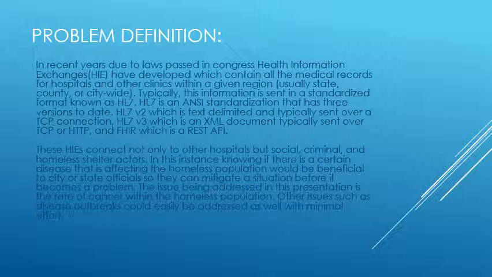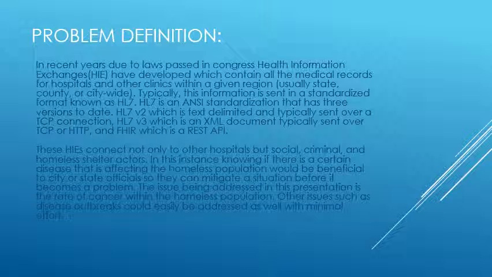So with this in mind, the model that I chose to use was the HIE connecting to a homeless shelter. A lot of times HIEs will connect to psychological clinics, everything. Even criminal justice, social services, they'll connect to everything.